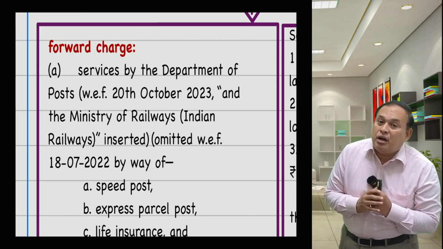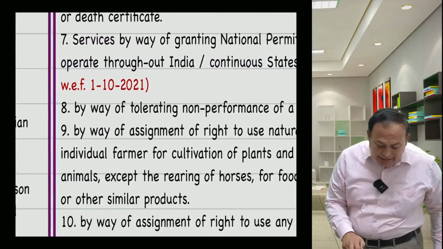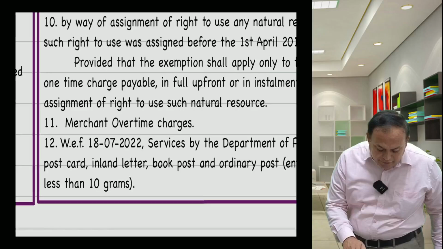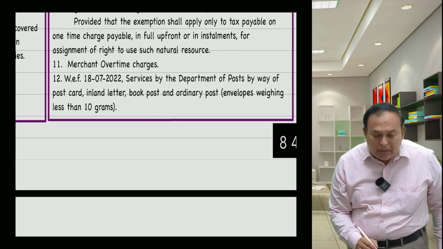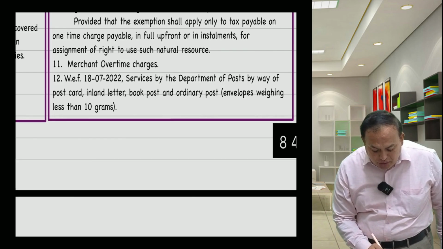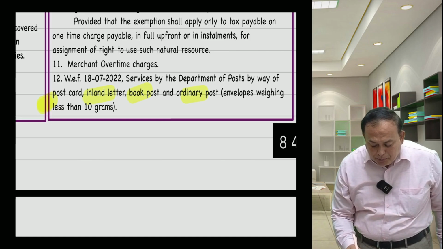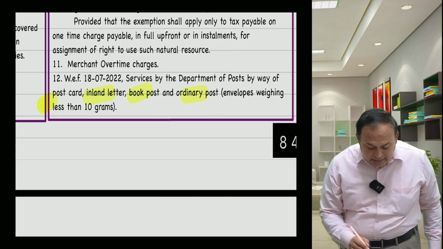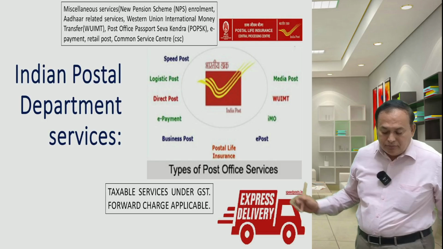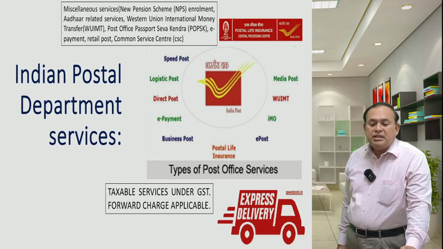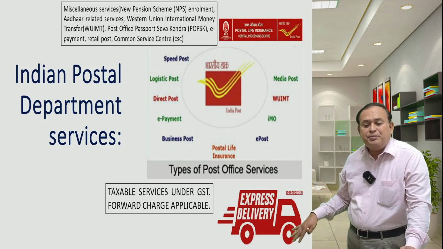Whether there is an exemption? Yes, we have an exemption. If the Indian Postal Department provides services, what type of services? Supply of postcard, inland letter, book post and ordinary post where the envelope weight is less than 10 grams. How to understand this? Look here. Indian Postal Department services are taxable except the following.